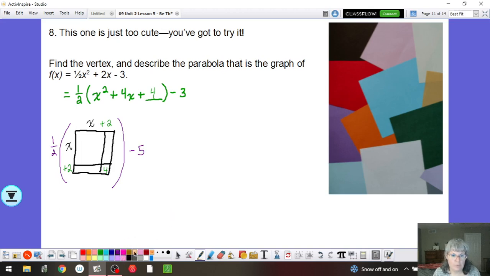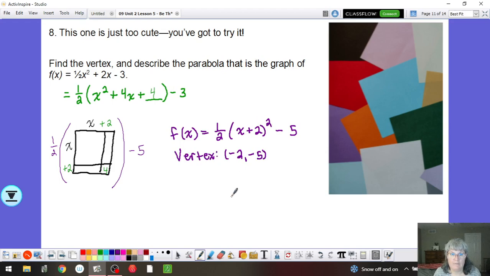So the equation will be y equals, or actually f of x equals, excuse me, I've screwed this up on every problem in this video. The function is f of x equals 1/2 times x plus 2 squared minus 5. So we will have a vertex of -2, -5, because we're going to go 2 to the left.